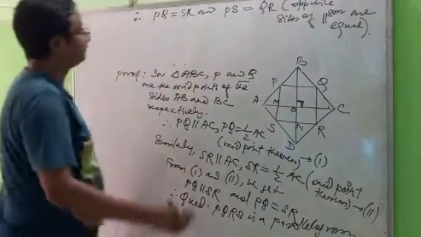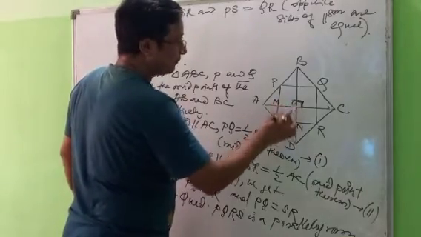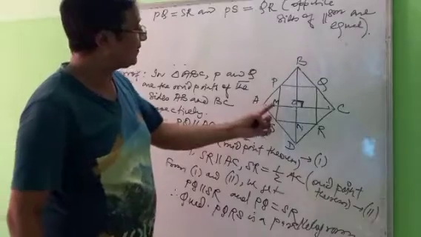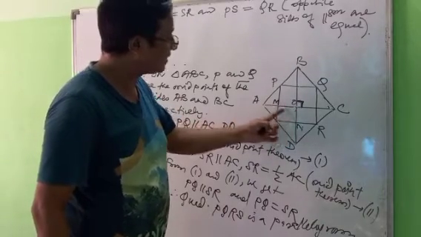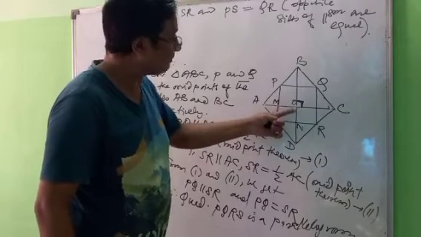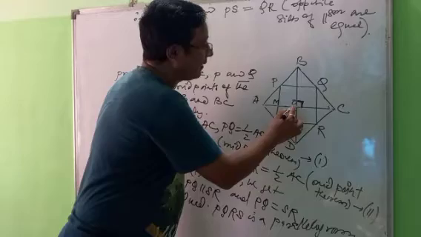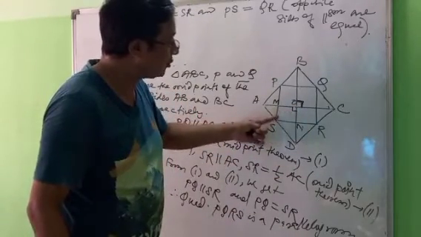Now here you will just do one thing. We will make this figure a parallelogram, SMON. If this is a parallelogram, as here the angle is 90 degrees, the opposite angles also will be equal.